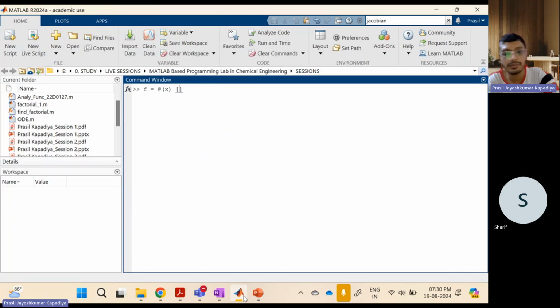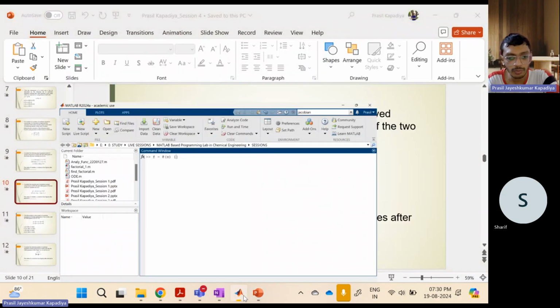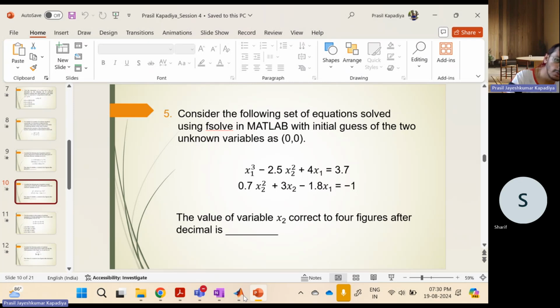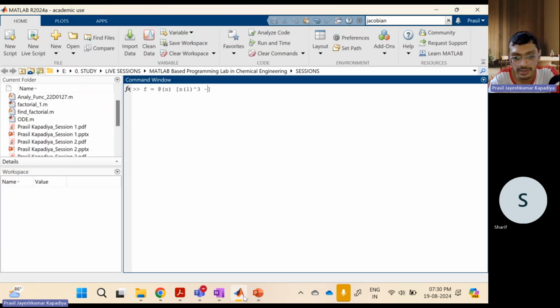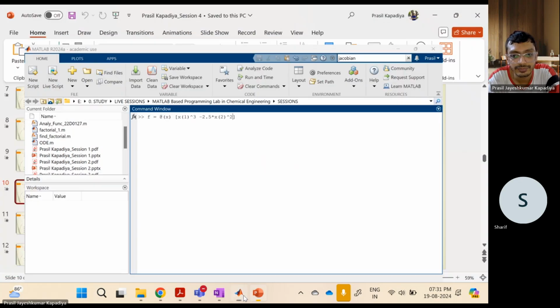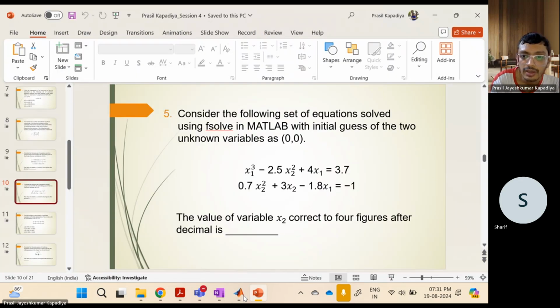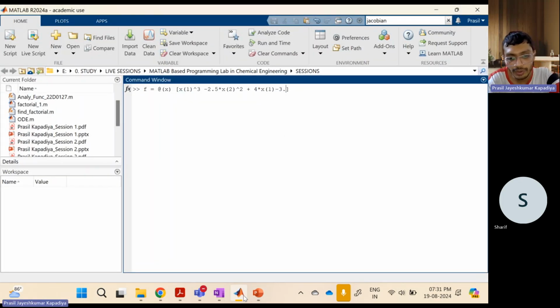Then I will put one square bracket because it's a matrix. x of 1 cube minus 2.5 x2 square plus 4 into x1 minus 3.7. Okay, so this is nothing but my first equation.